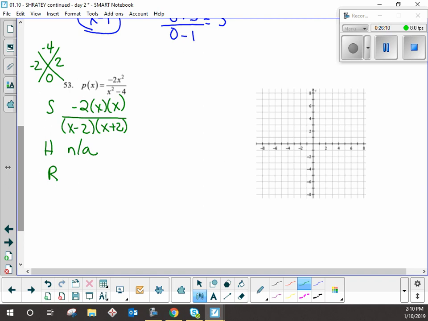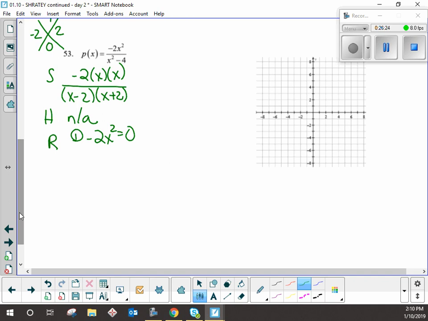For the roots, we set the top equal to 0. If you were going to keep it in factored form, you could do this one of two ways. Here's way one. You could just say negative 2x squared equals 0, which I saw some of you do. You divide by negative 2. You get x squared equals 0. You square root both sides. And you get x equals 0.